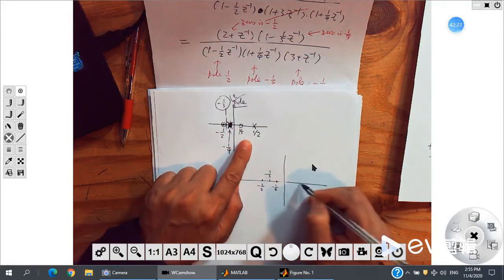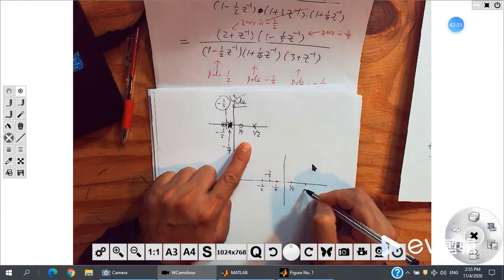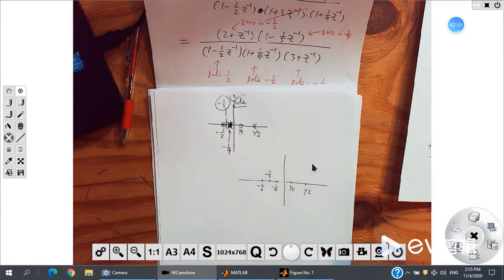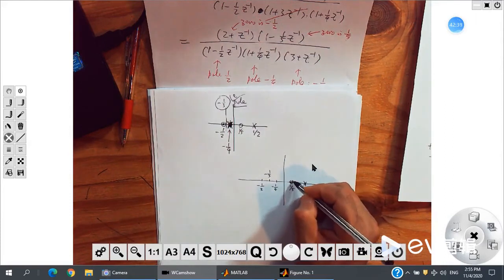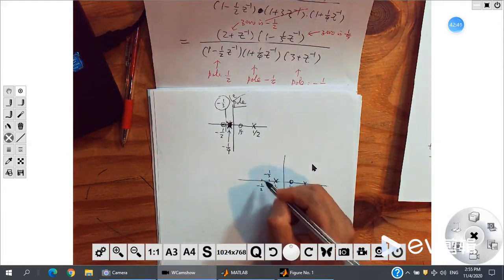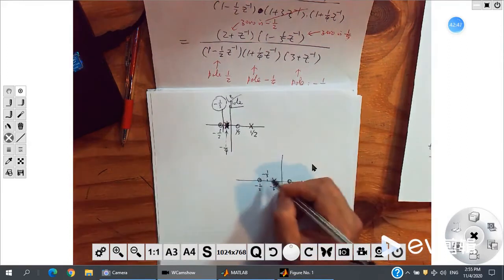And this side I need positive 1/5 and positive 1/2. Right? We have these numbers. And this is a cross. This is a circle. This is a cross. This is a circle. And -1/3, which one is -1/3? This one. This is also a cross.